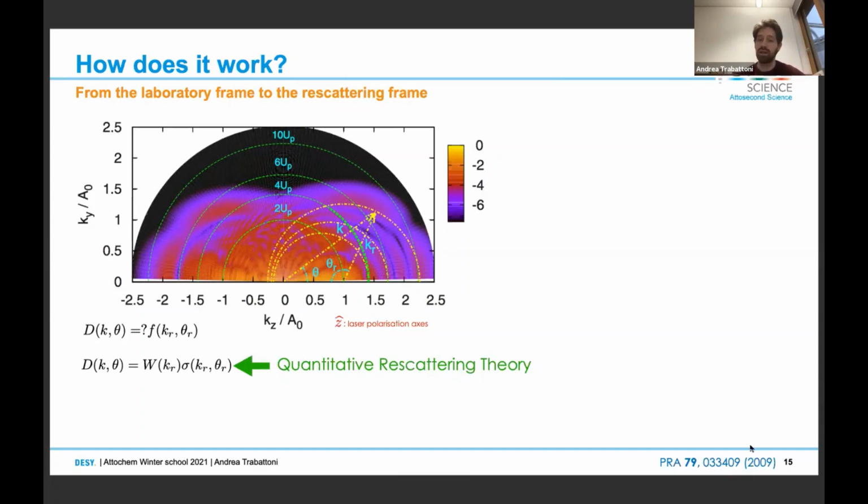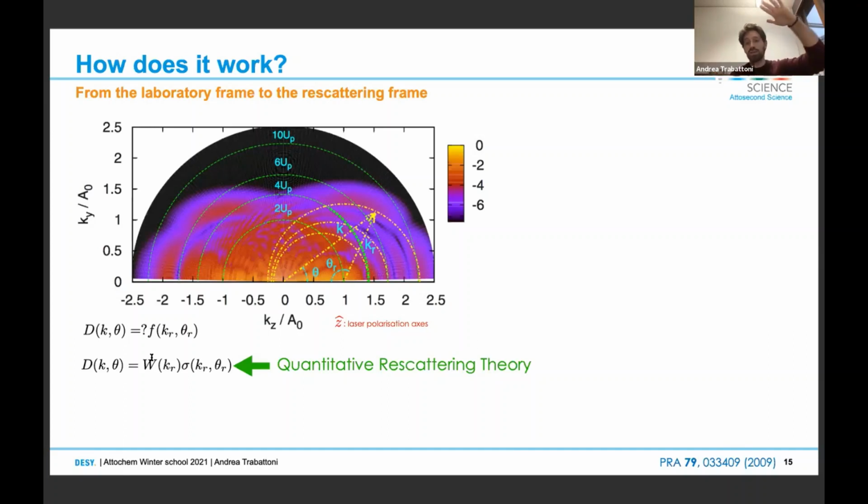You can see all the details in this PRA paper by the group of Chii-Dong Lin, where they demonstrated that with a certain amount of approximation, we can factorize our experimental distribution of photoelectrons as a multiplication between the energy distribution of our electrons, which are considered to be weakly dependent on the target and on the ionization process.